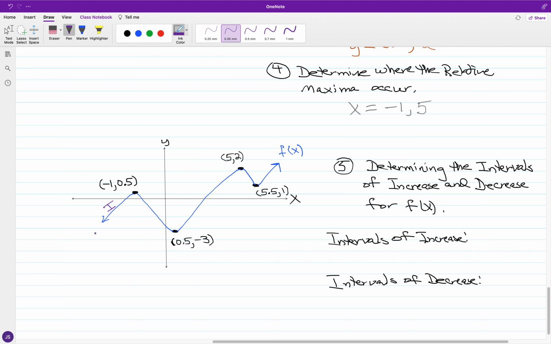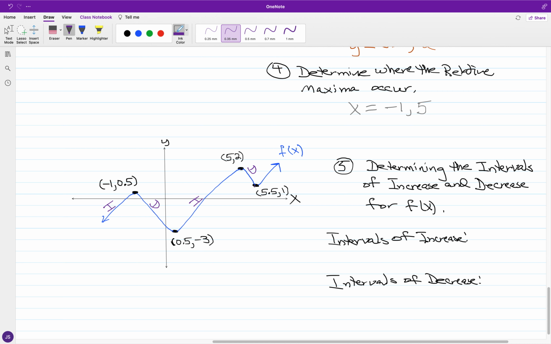The graph is moving up as you proceed from left to right. But past this relative maximum, you have a downward motion, so the graph is decreasing. And once you get past the relative minimum, the graph increases.